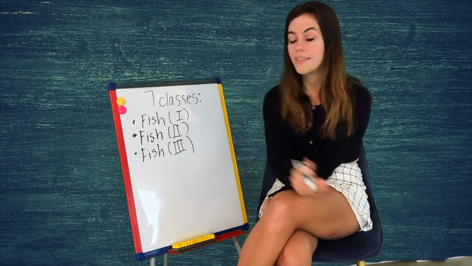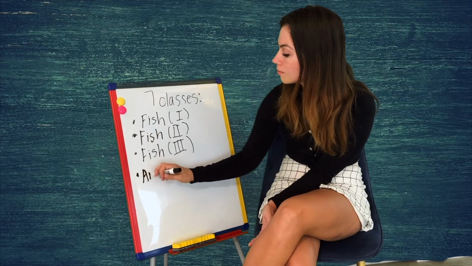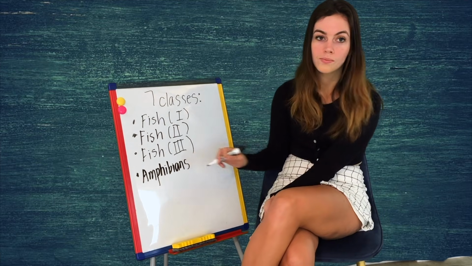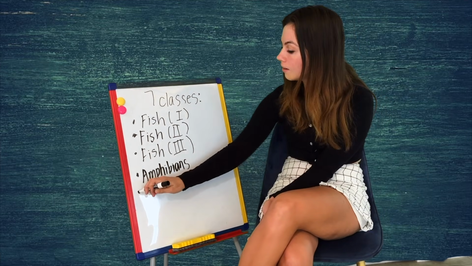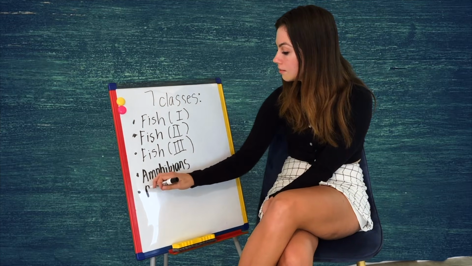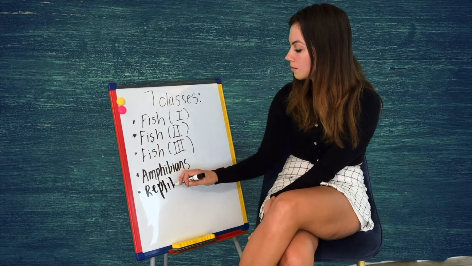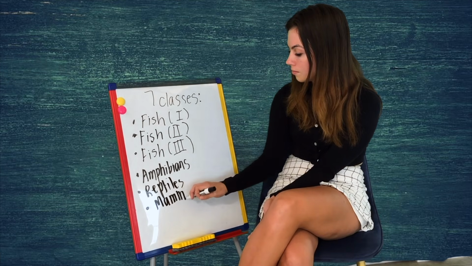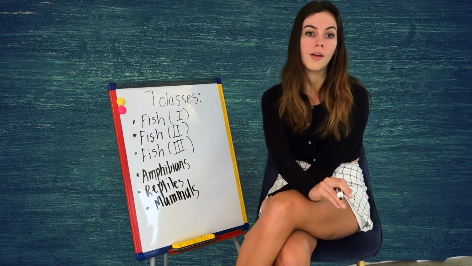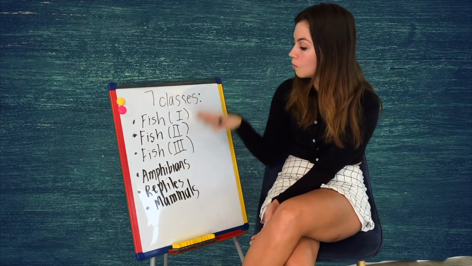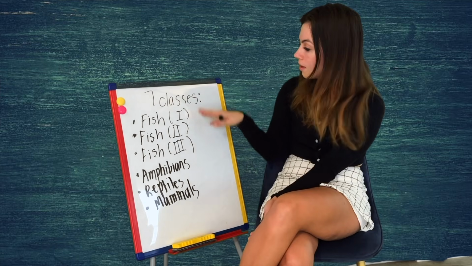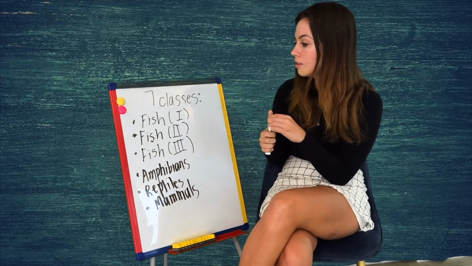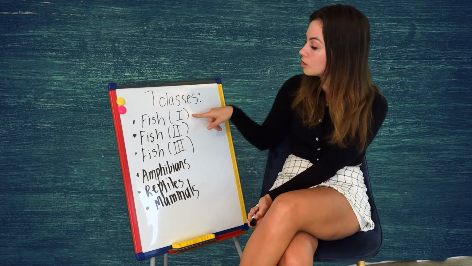And then we also have amphibians, reptiles, and mammals. We're going to take a look at each one of these classes and really dive into what makes each class. The first one we're going to take a look at is fish type 1.